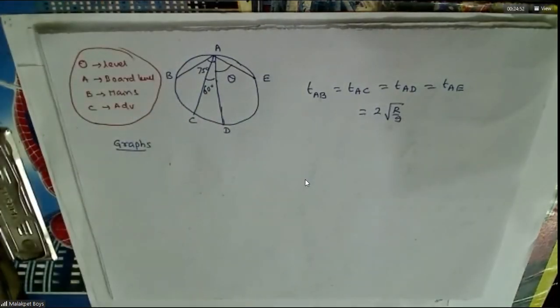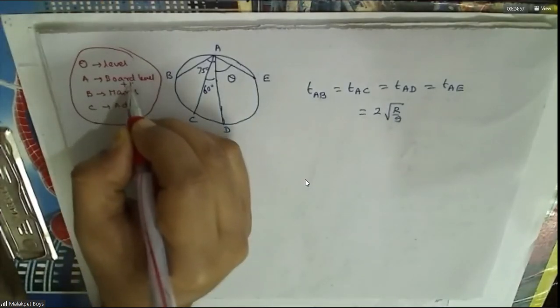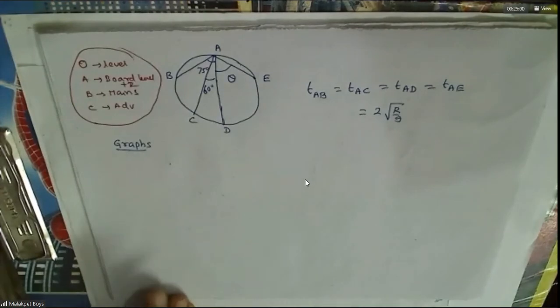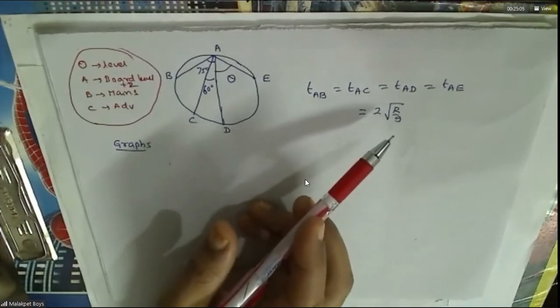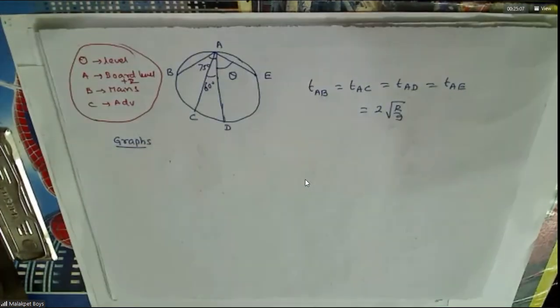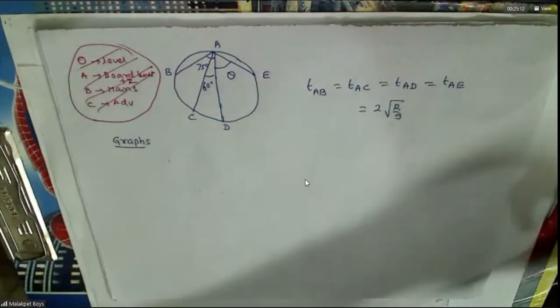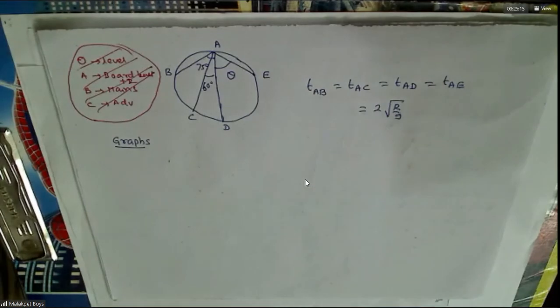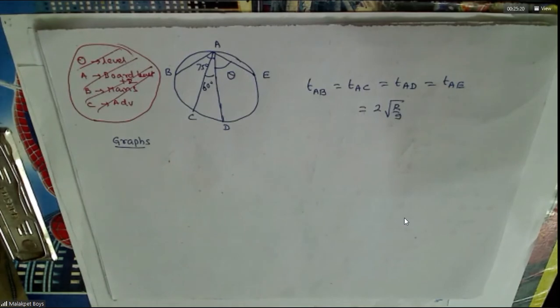Board level up to 12th is the same thing, so you need not attend any special classes. As far as physics is concerned, just attend my classes and do the assignments. Even if you want to write MIT, or BITS, I have covered the syllabus.